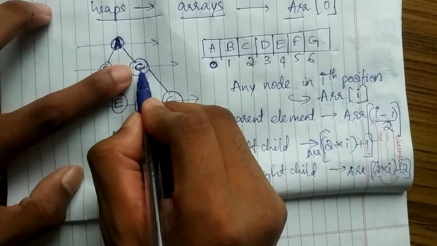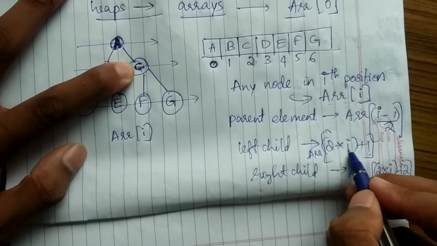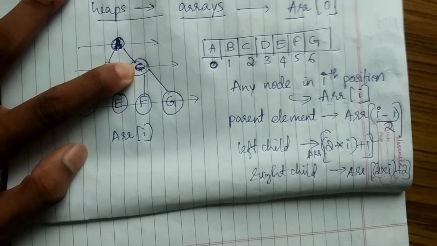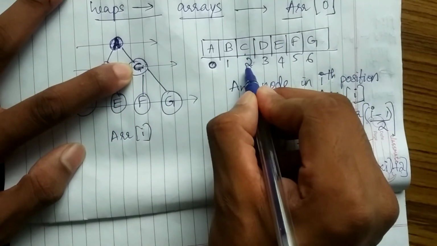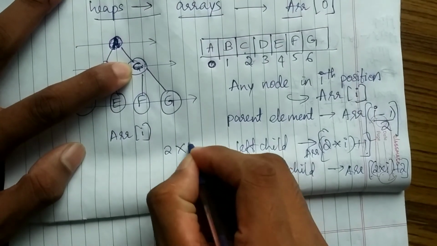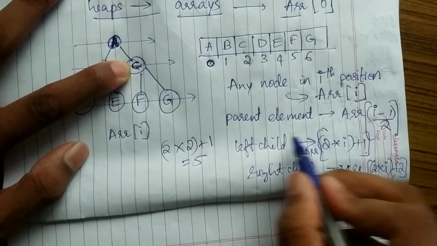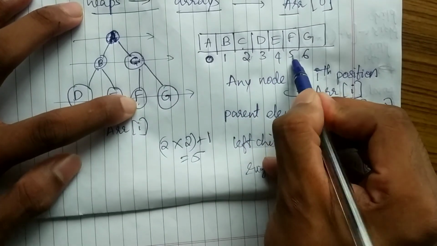What is the left child of C? The left child of C is nothing but 2 into I plus 1. I is 2. So 2 into 2 plus 1 is nothing but 5. So the left child is F, which is stored in the 5th position.